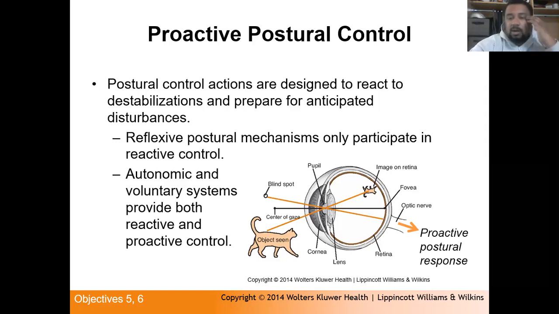With proactive posture control, you're seeing it's happening, so now you're reacting beforehand, and your body is anticipating how it's already going to react and how it's going to feel once it gets to the point where your posture control is going to have to fix it. So it's kind of like an automatic response to what you think you're going to feel when your body has to adjust.